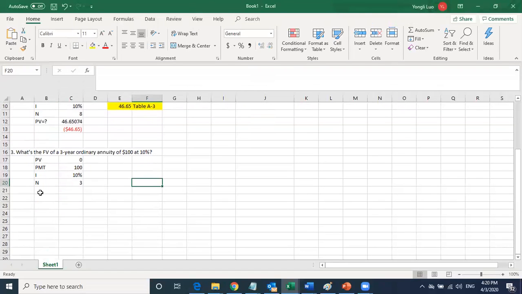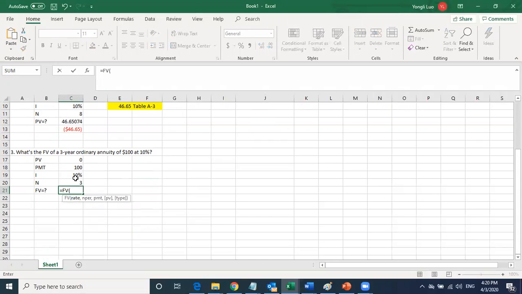So you calculate the future value, which you don't know, so you put a question mark. In the function, the first argument is the rate, 10%. NPER is 3. The payment is 100. There is no present value, and you close the parentheses.